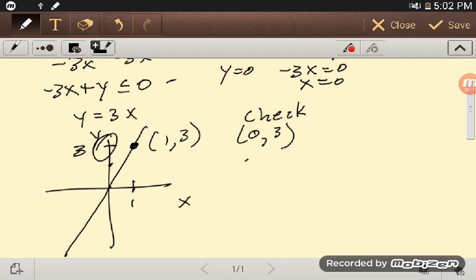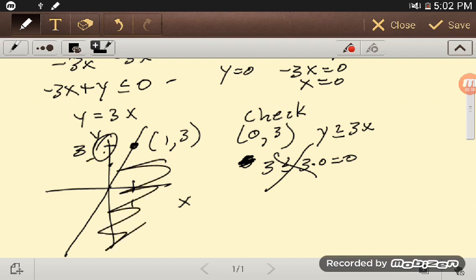Remember that I have y less than or equal to 3x. So I have 3 less than or equal to 3 times 0, which is 0. Well, that's not true. So I don't want this side over here. I want to shade in this side.